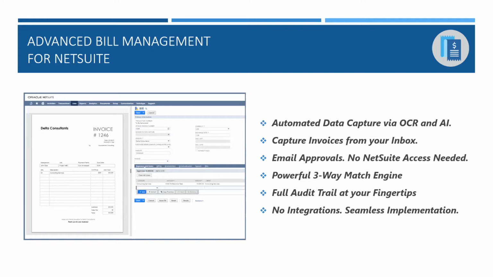And it also comes with three-way match, which allows you to really take care of all of your receipts, purchase orders, and vendor bills, invoices in NetSuite, and make sure that everything is compliant with your predefined thresholds. And it does so by providing a full audit trail of that approval process, which Seth will be showing you.